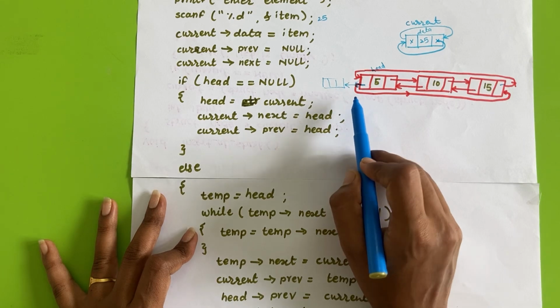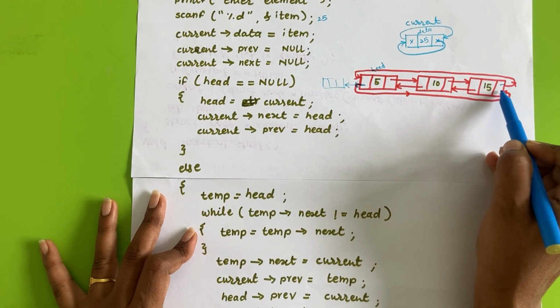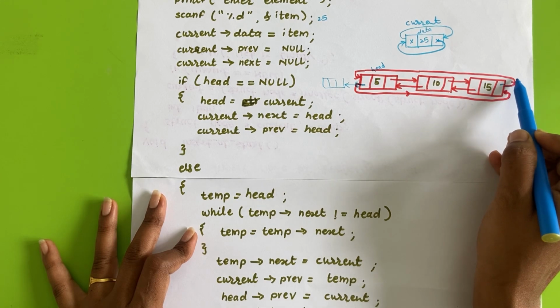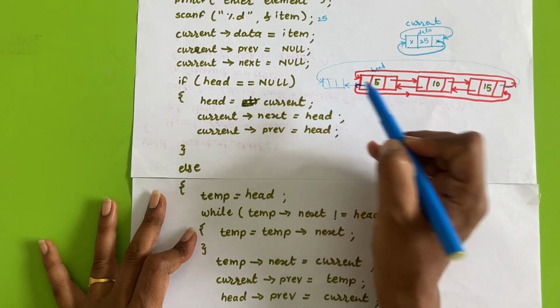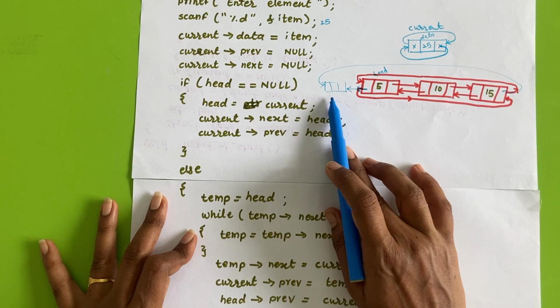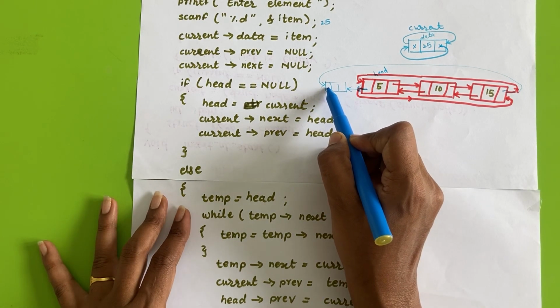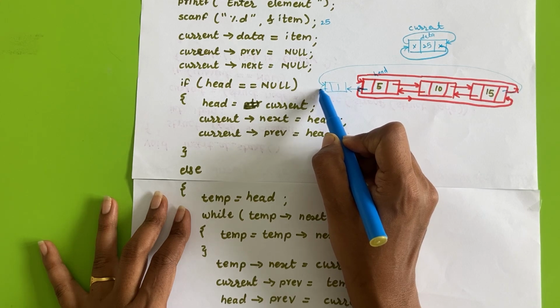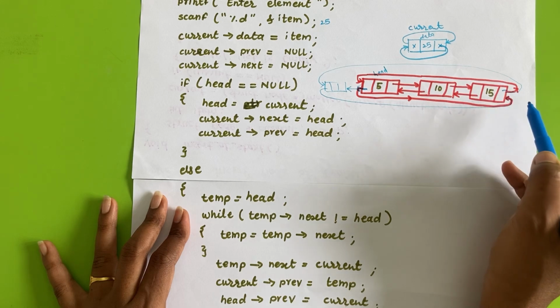Okay, and this last node's next field will point to the new node. Okay, and this new node is now nothing but our current node. Okay, and also this new node's previous field will point to the last node of the linked list.